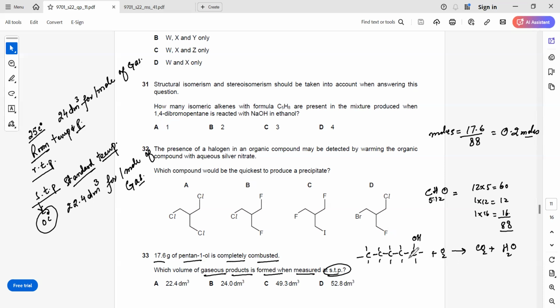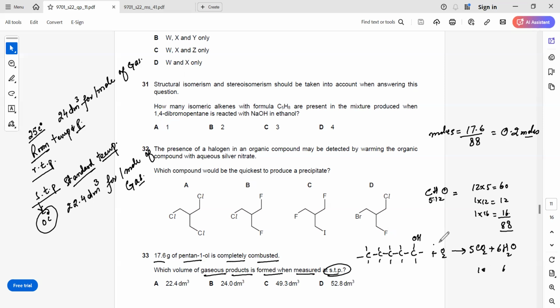And now let's balance this equation. 5 carbon atoms, so we will have 5 carbon atoms here. How many hydrogens? 12 on the left side, so let's place 6 here. And we can balance how many oxygen atoms are there. So 5 2s are 10 here and 6, so total 16.